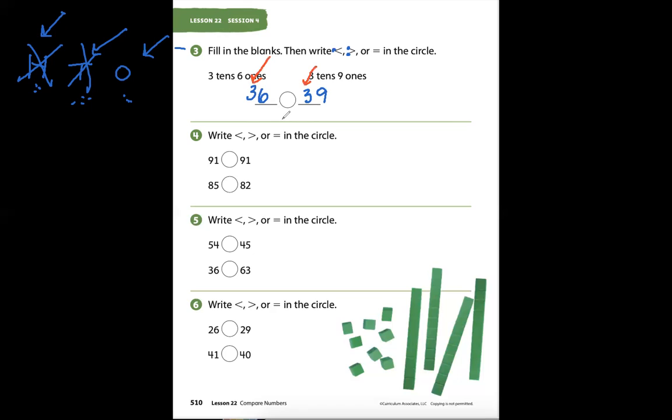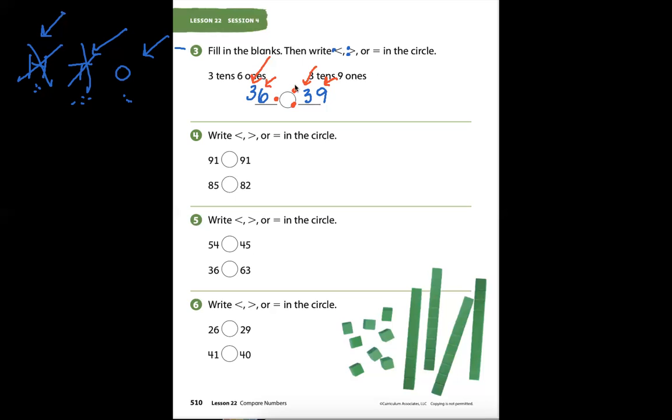Because they are both the same in the same place value, we are going to look to the ones place. Here we have 6 ones and 9 ones. 6 and 9. Which number is more? 6 or 9? 9 is more, so we give it 2 dots. 6 is less than, so we give it 1 dot.